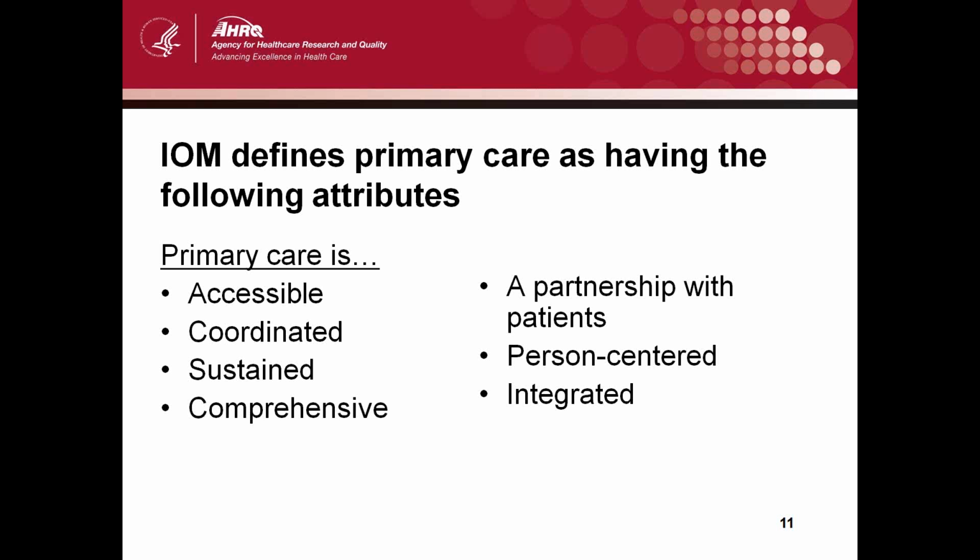The comprehensive definition means that primary care needs to address the entire scope of services. It needs to address prevention, chronic care, acute care, mental health, needs to occur at any stage of a person's life, and it needs to occur in any setting where they might need care, such as an office, a home, the emergency room, a hospital, or a nursing home.